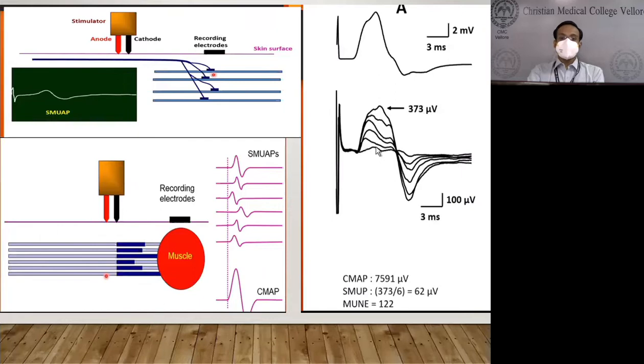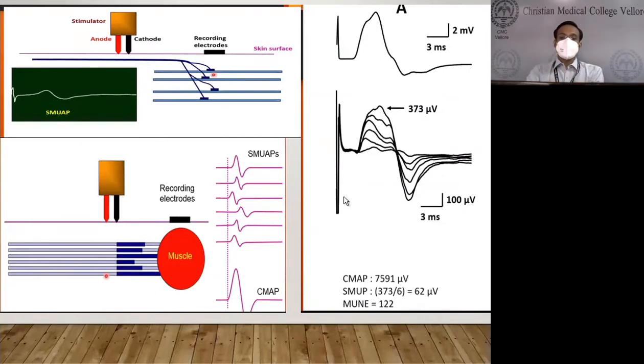Each of these is called a surface motor unit action potential, and each has a different value. You take such incremental recordings; we do not reach the CMAP. That's an average, and we divide it by the number of recordings, in this case 6.